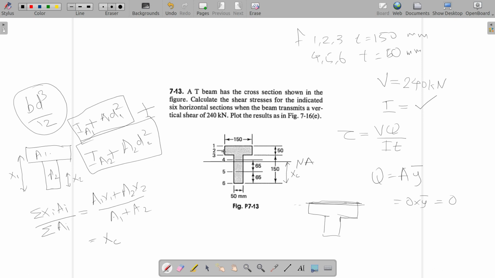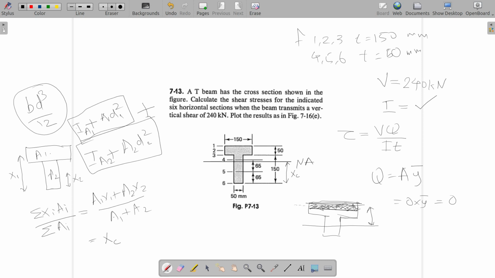But for 2, if you consider section 2, there will be an area here, and that area multiplied by the distance between centroid of the whole section and centroid of the considered area.